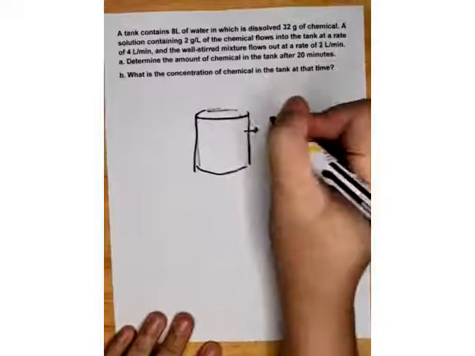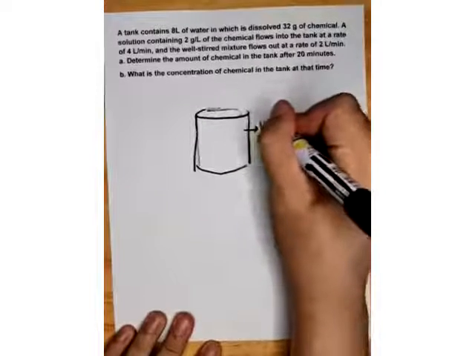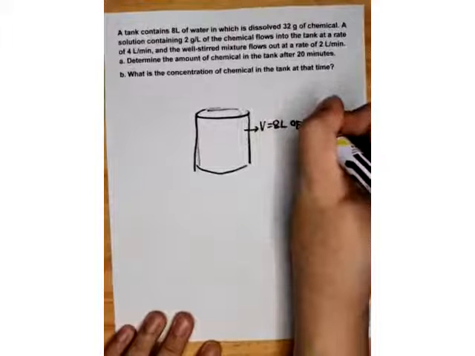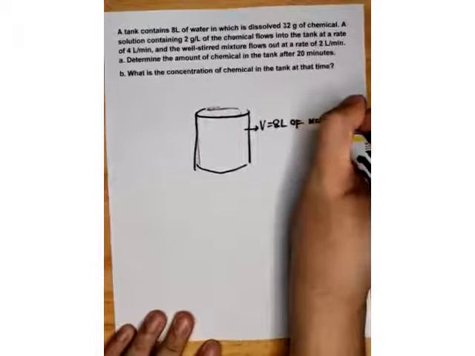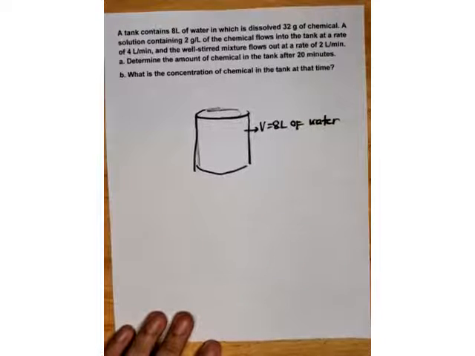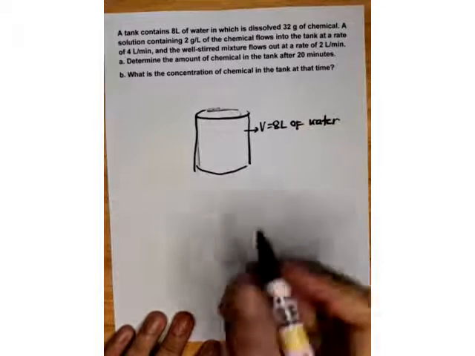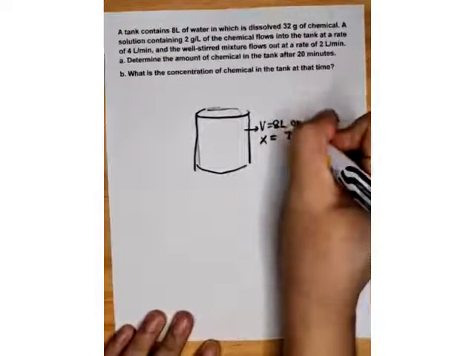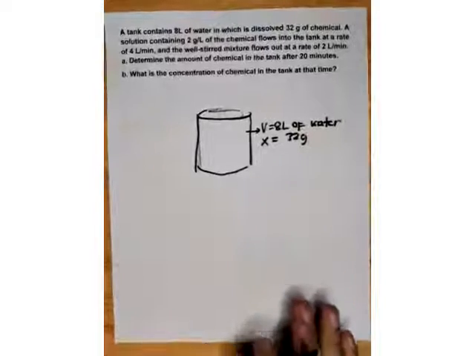So our tank, the volume is 8 liters of water. Okay, so that's the volume. And 32 grams of chemical is dissolved to it. So initially, meron tayong 32 grams ng chemical.